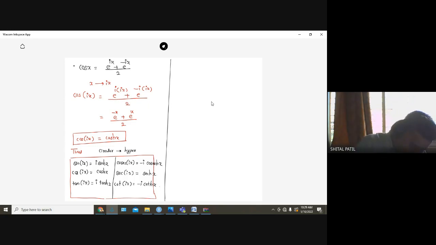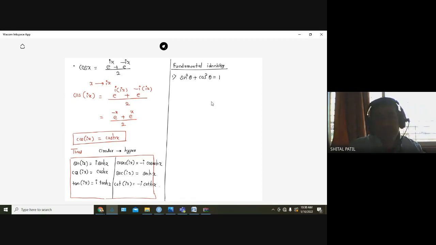Let me start with the circular formula. So, fundamental identities. What are the fundamental identities? Sine square theta plus cos square theta equal to 1 in case of circular functions.